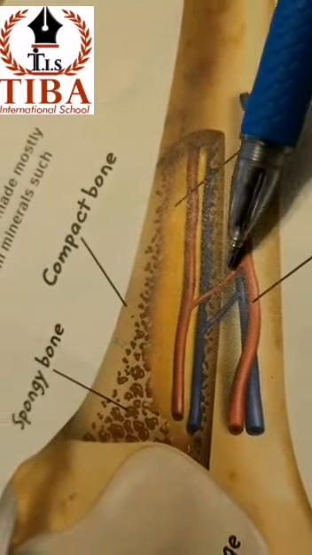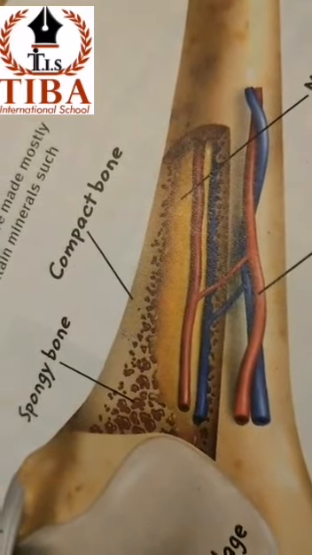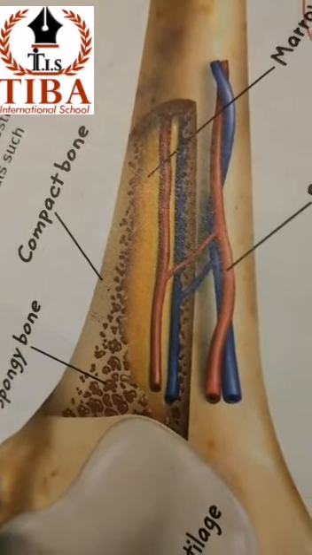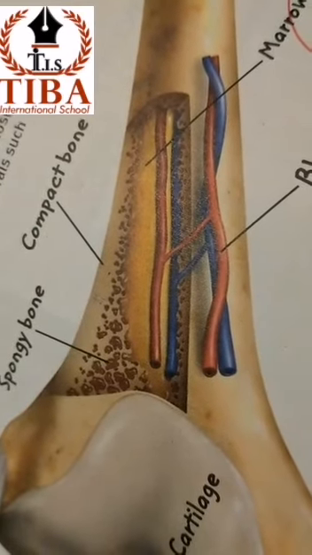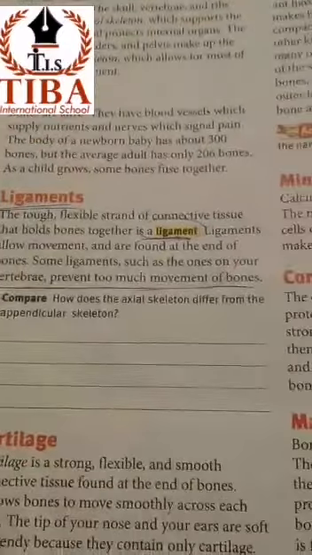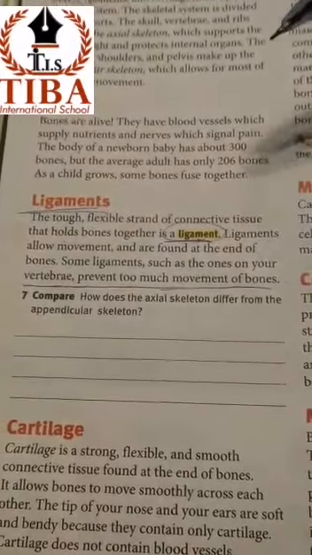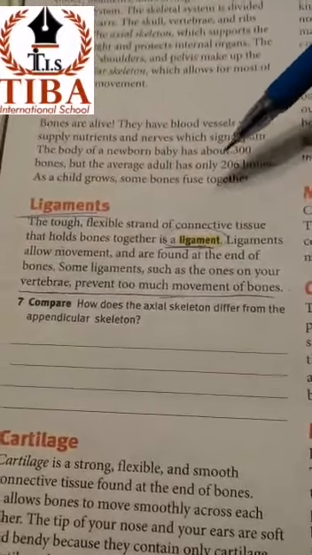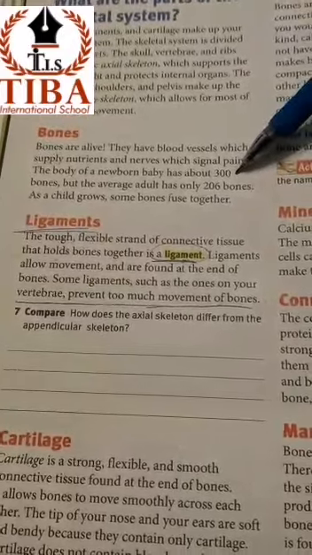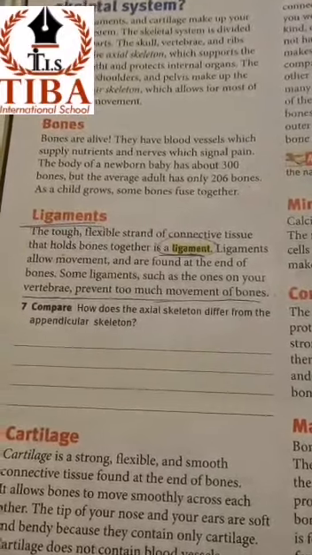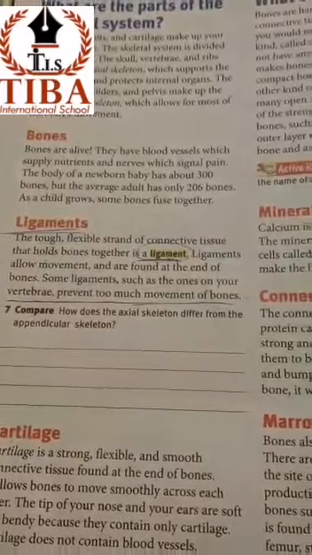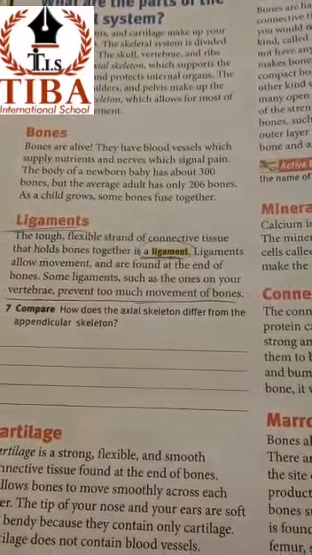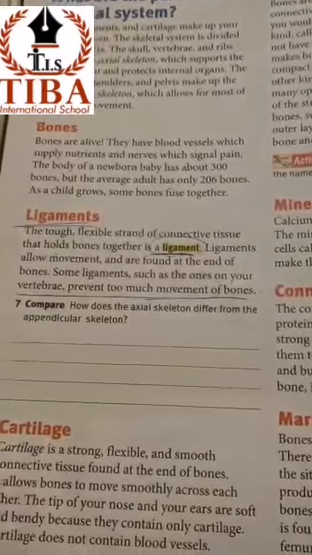How many bones do we have? We have 206 bones. But when we were newborn, we had 300 bones. These small bones fused together and finally became 206 bones.